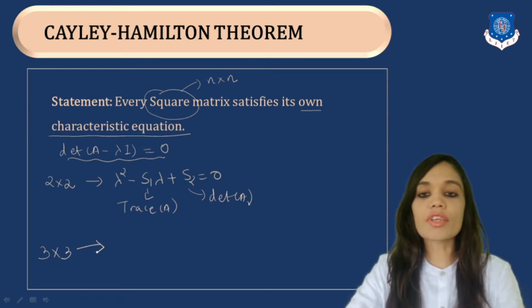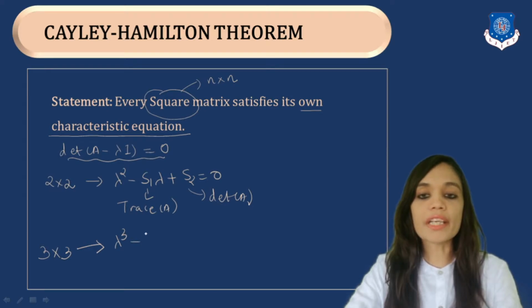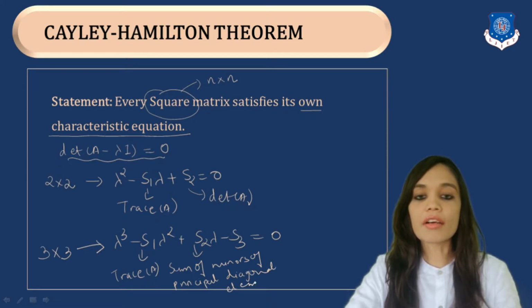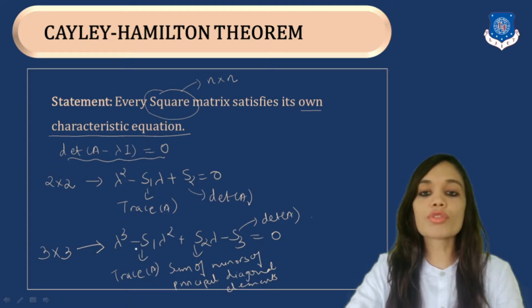Then we have the shortcut technique for a matrix of order 3 cross 3. The characteristic equation is given by lambda cube minus s1 lambda square plus s2 lambda minus s3 equals 0. Again s1 is the trace of A, s2 is the sum of minors of principal diagonal elements, and lastly s3 is the determinant of A. Using these equations, firstly we will find the characteristic equation.